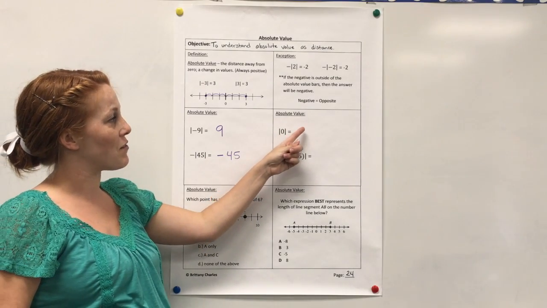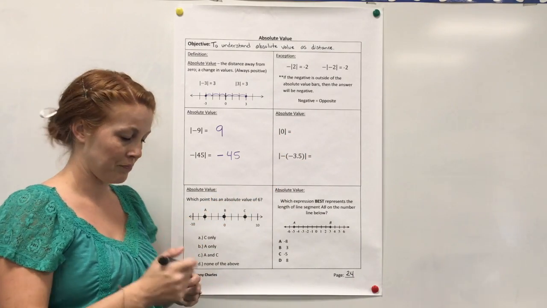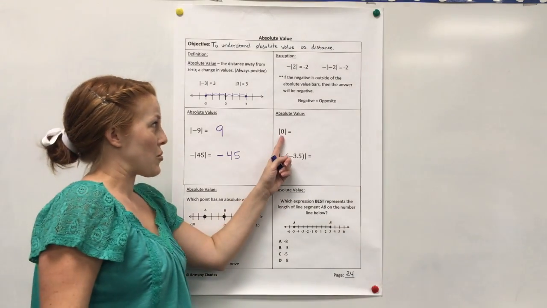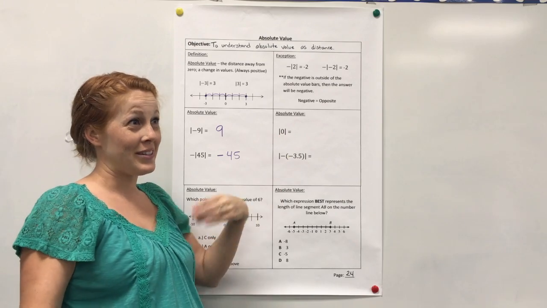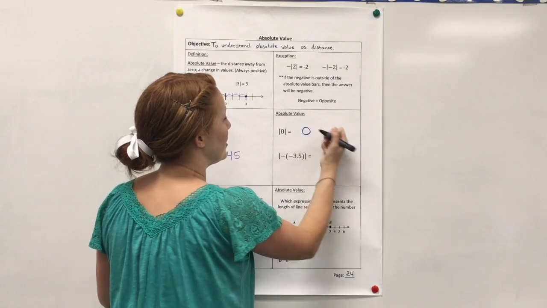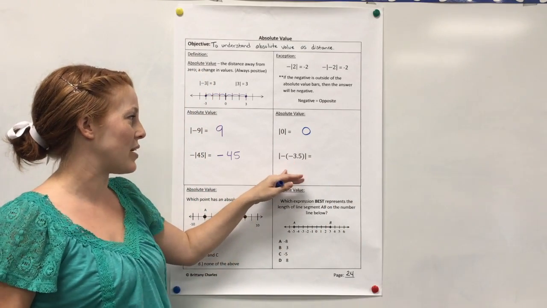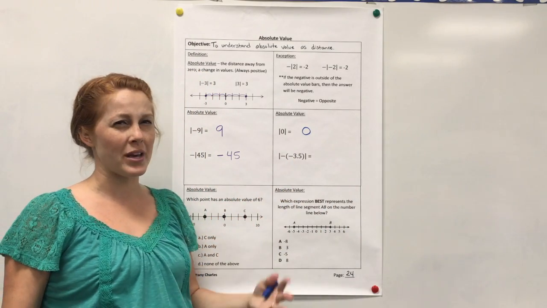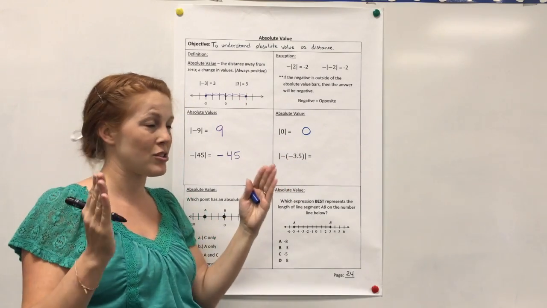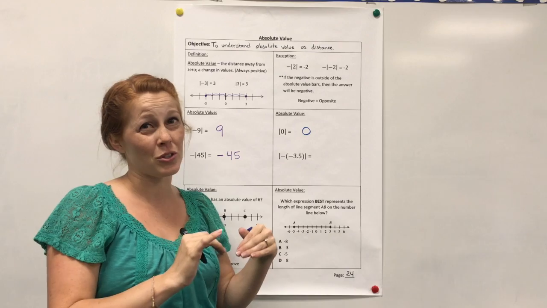Go ahead and try to find the absolute value of these two values. Okay, well, how far is 0 from 0? It's 0 away, so that's just 0. And then now this one, it's a little tricky because you see two negative signs, but they're both inside the absolute value bars. If they're inside, they pretty much go away.